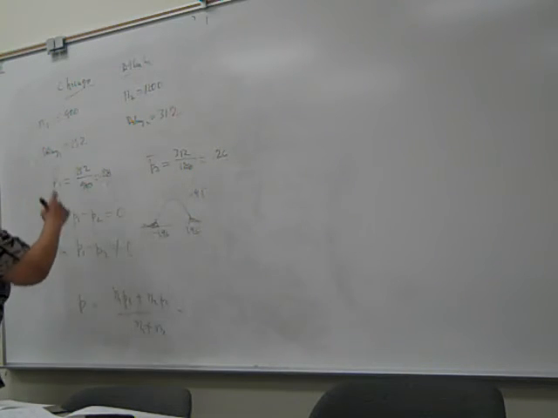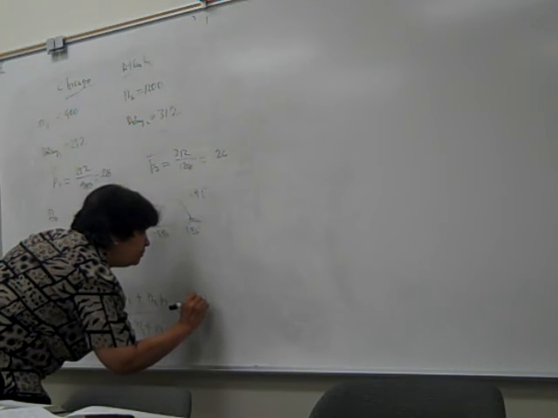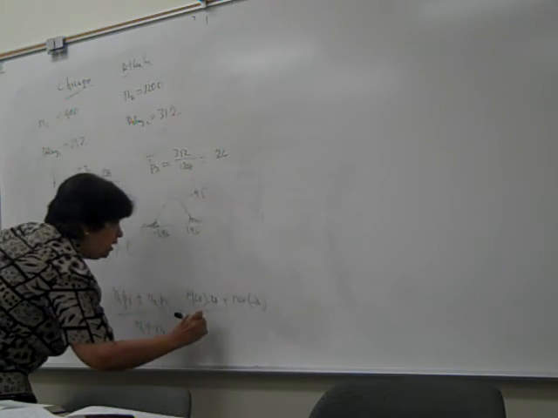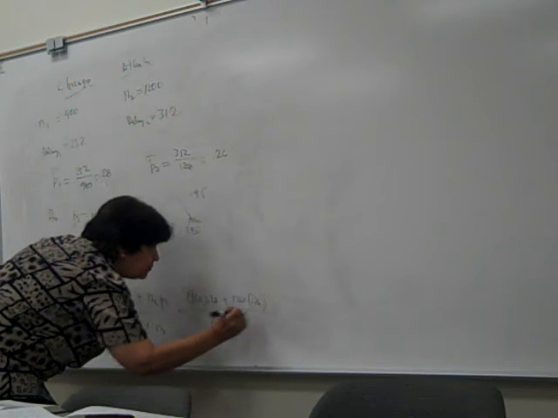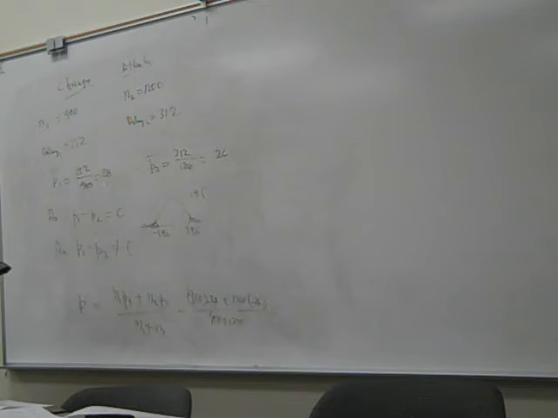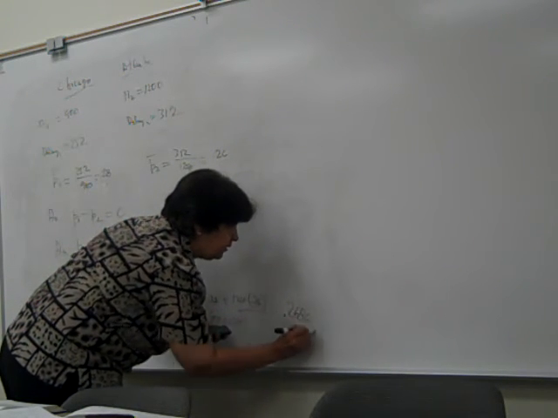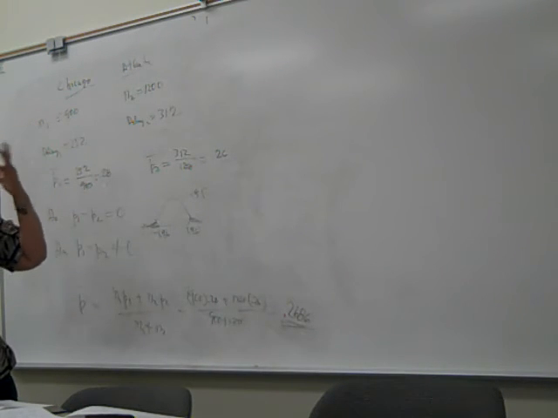N1 is 900 times 0.28 plus 1200 times 0.26, divided by 900 plus 1200, which is 2100. That equals 0.2686. That is my pooled sample proportion.